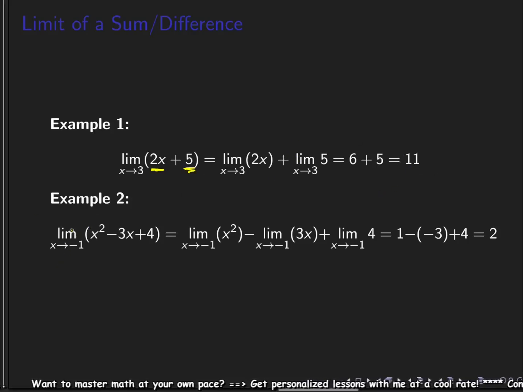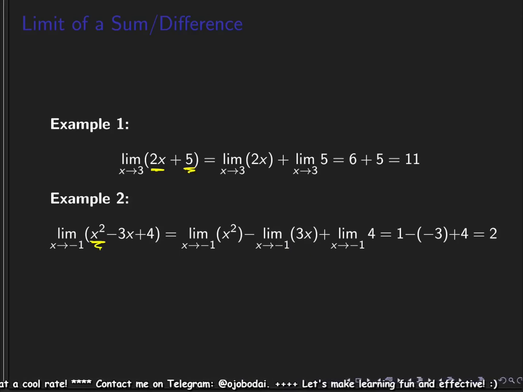Then this second one here, we want the limit of x squared minus 3x plus 4. If you don't want to use the polynomial method as we have previously done, then you can use the limit of sums and differences to find this out. So you can first write the limit of x squared, the first term, as x approaches negative 1, minus then the limit of 3x as x approaches negative 1, and then plus the limit of 4.